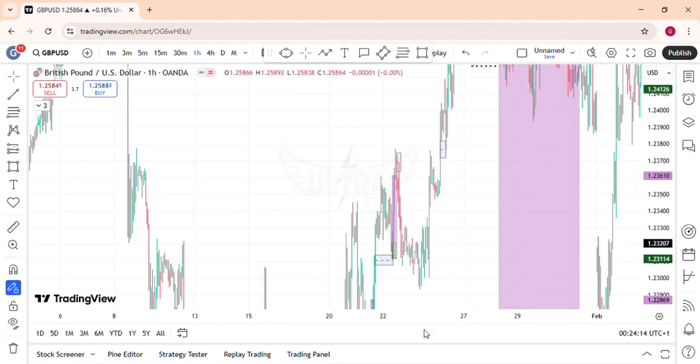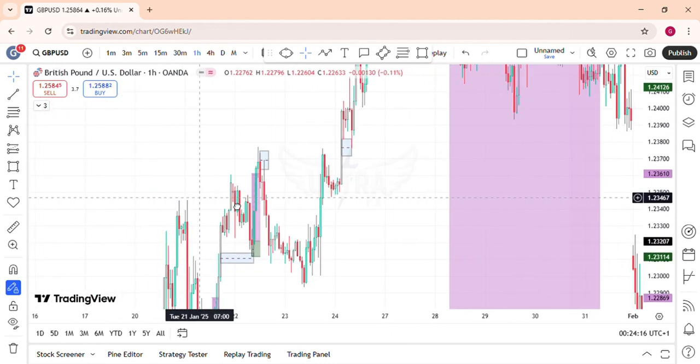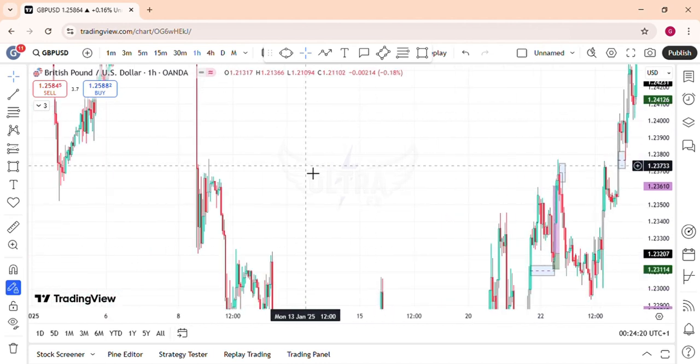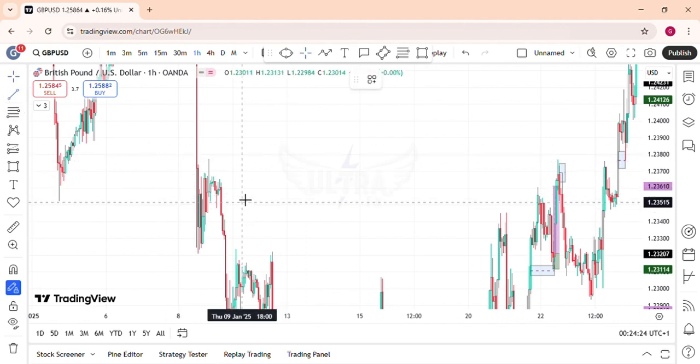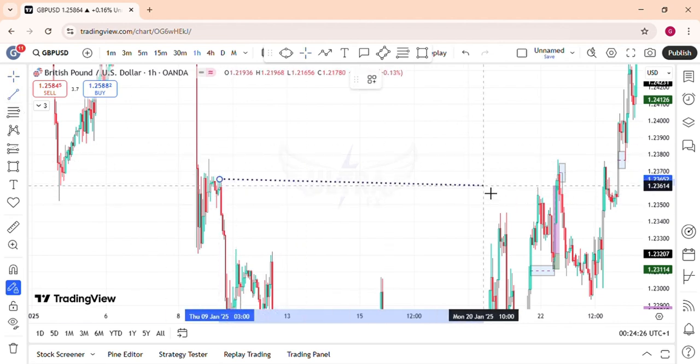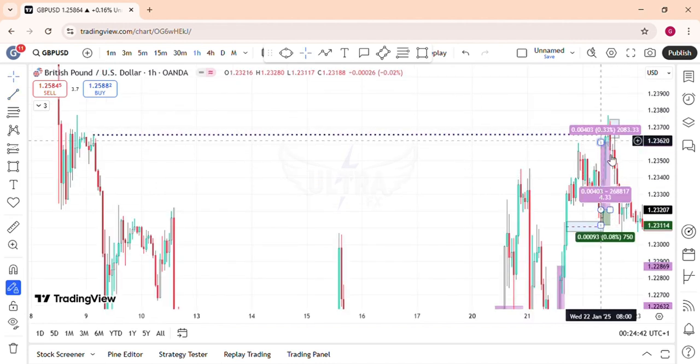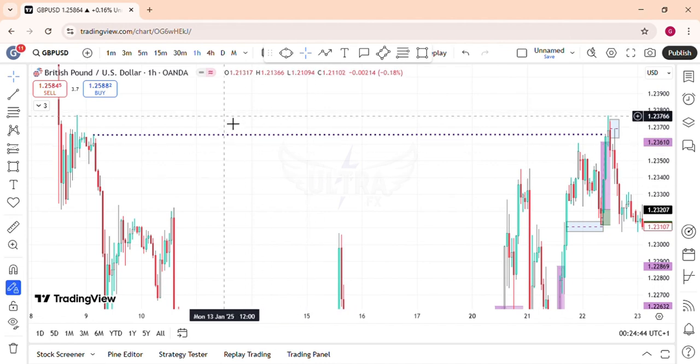Now you can see here that market has taken a previous high. This can be seen as a high also. What we need to look for is entry into that fair value gap.